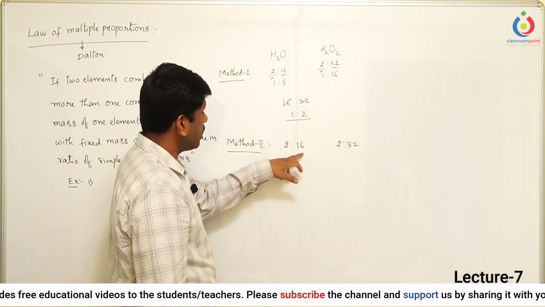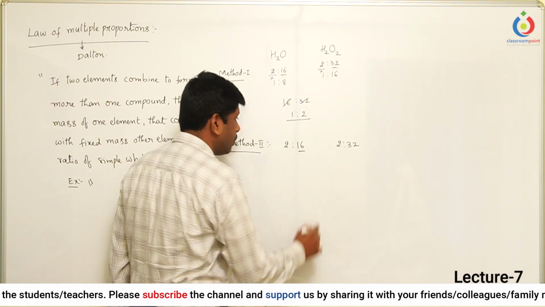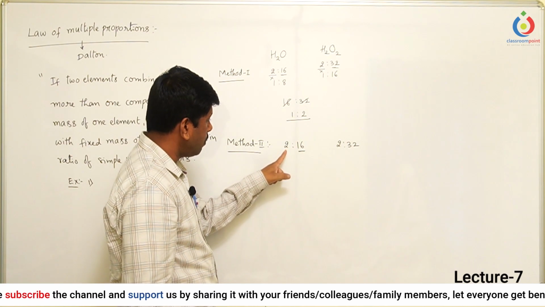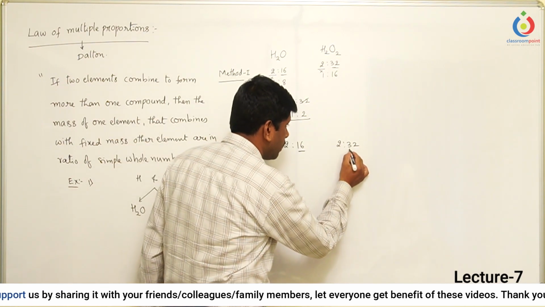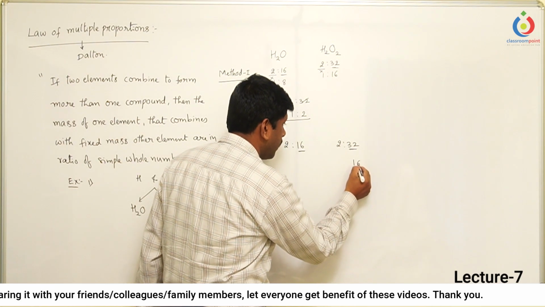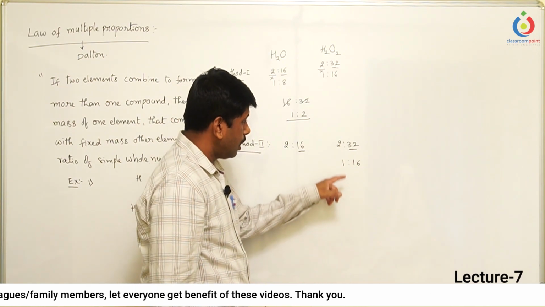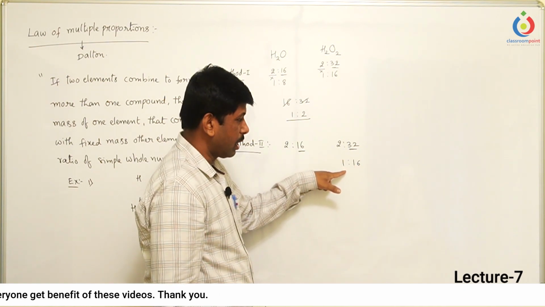So I am fixing the mass of the oxygen now. I want to take the mass of the oxygen as only 16 grams. So with 16 grams of oxygen, how much mass of hydrogen is combining? 2 grams. Here 32 grams is it. Then you simplify this one. It is 1:16. In this case, 16 grams combines with 1 gram.